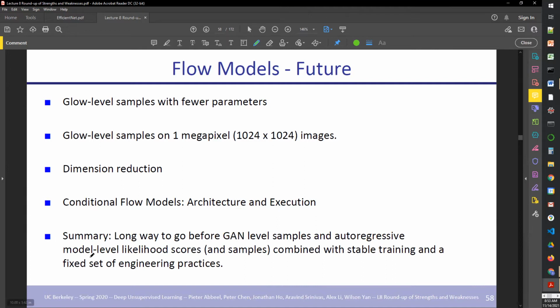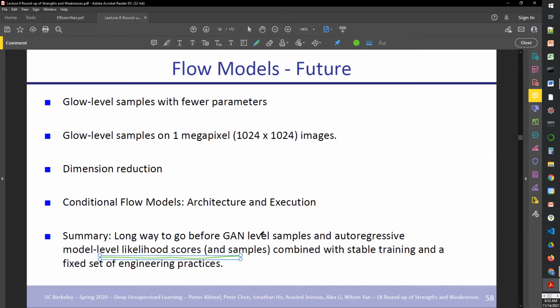And at the same time dealing with the likelihood scores, which the autoregressive models, as we just saw, give you much lower bits per dim. So flow models are somewhat caught in the middle, in the sense that while they give you better results on the image, it's not quite the GAN level. And while they give you somewhat competitive bits per dim, they're not quite at the autoregressive model level of likelihood scores.